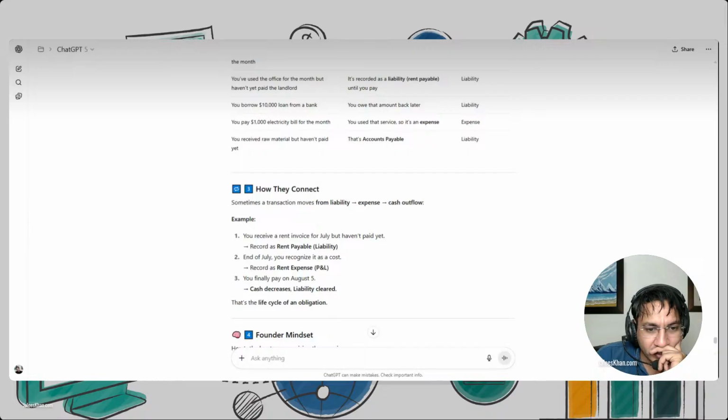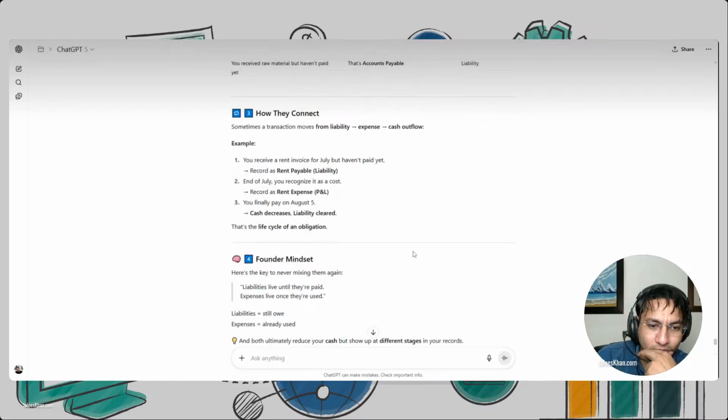You finally pay on August 5th. Cash decreases, liability cleared. That's the life cycle of an obligation.